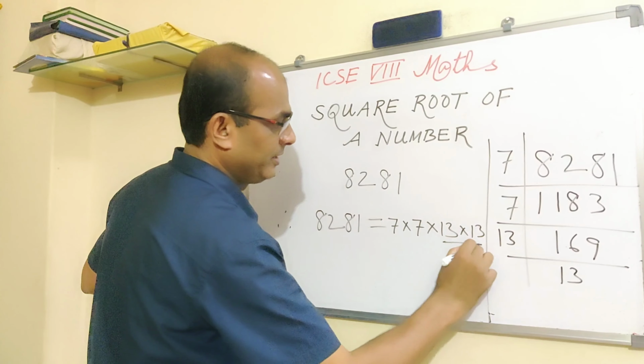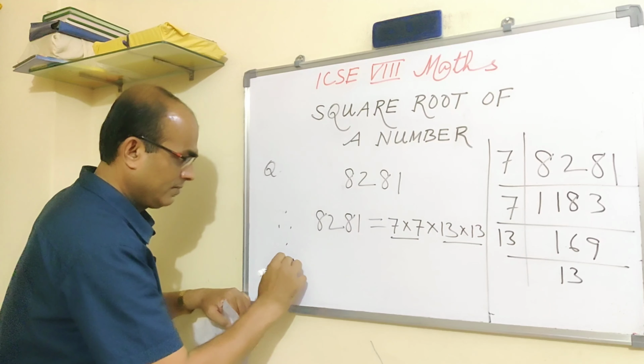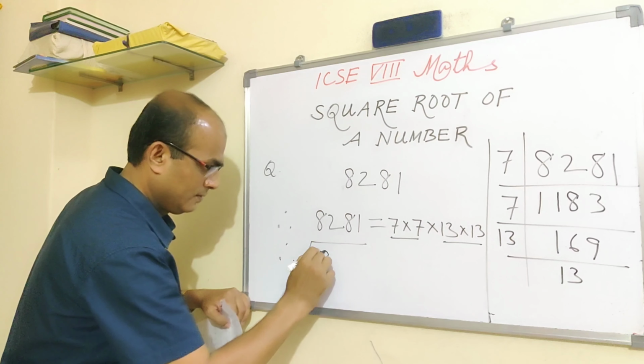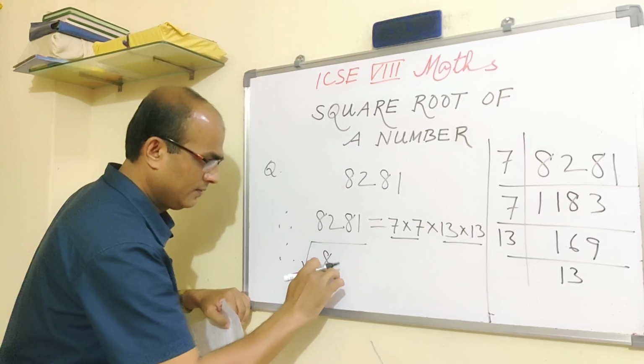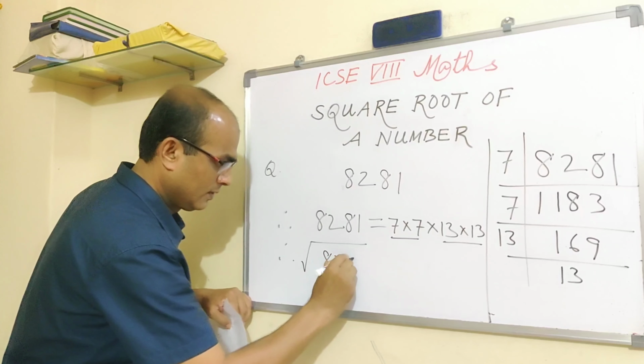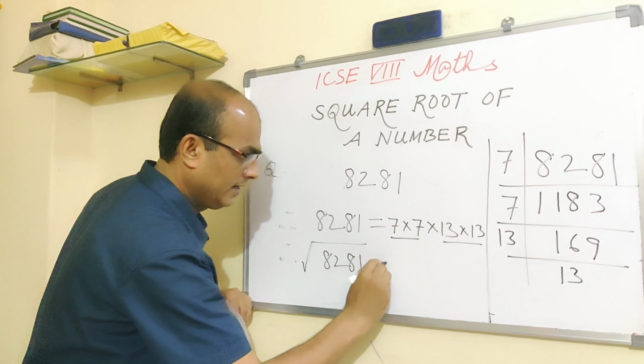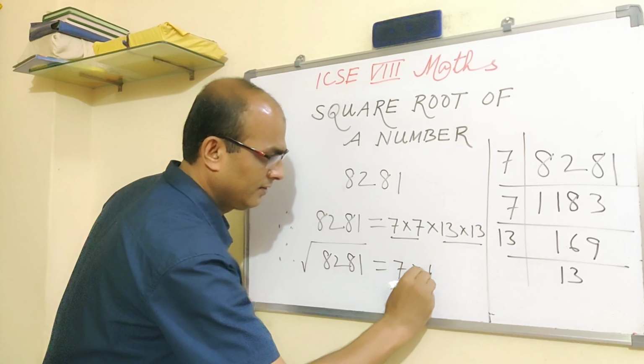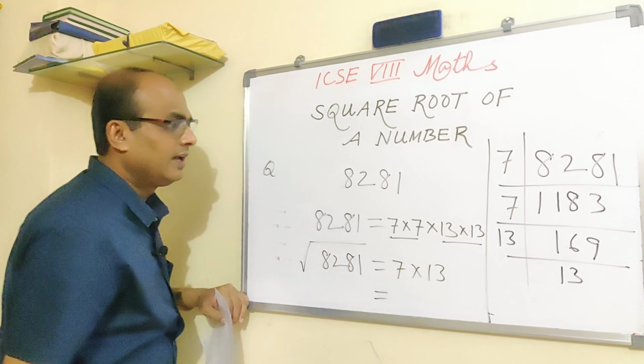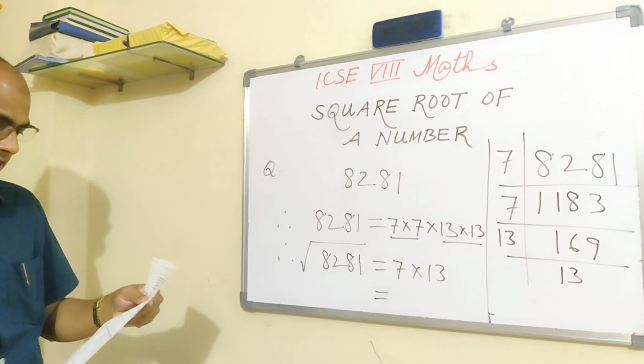Alright, now make pairs. Therefore, root 8281 is equal to 7 into 13. So you are getting 7 into 13, yes, and this gives you 91. 91 answer. What do you say?